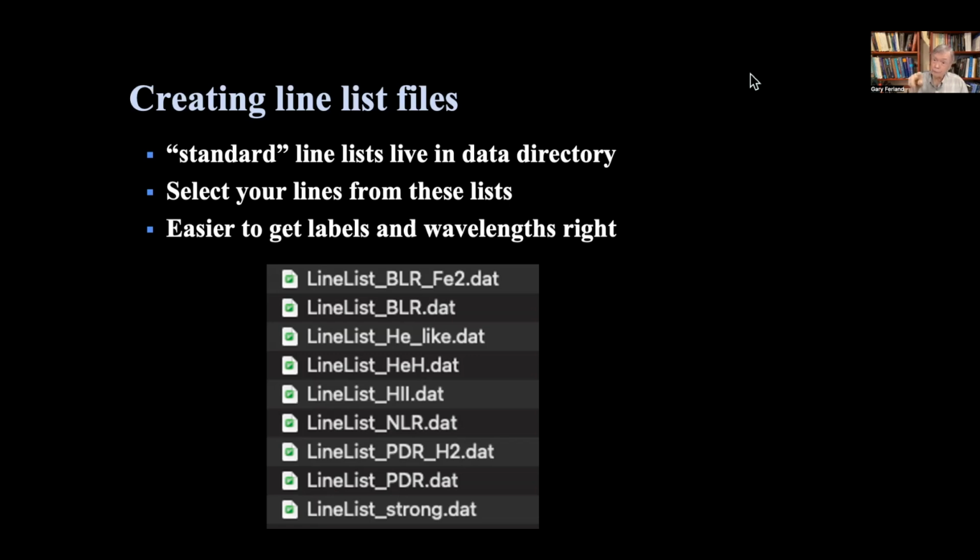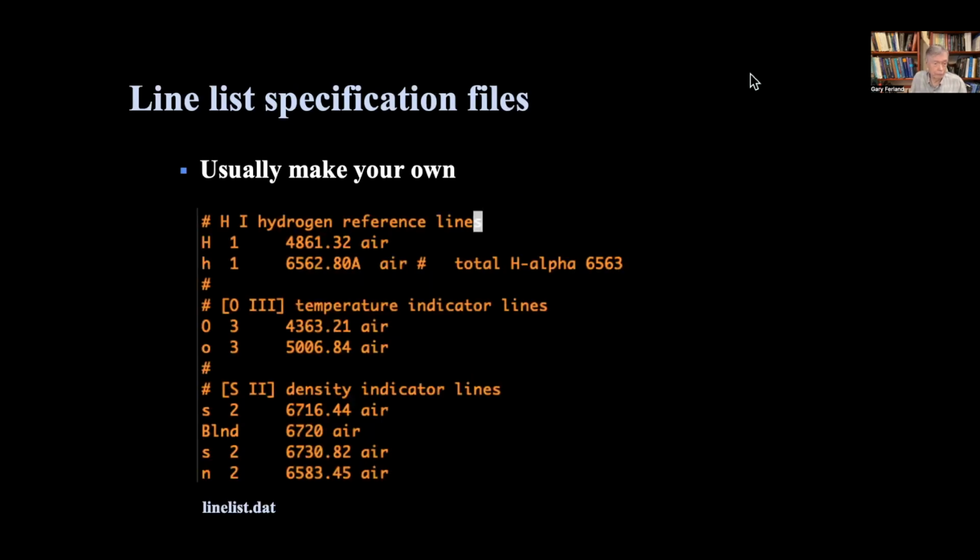There's a comment at the end of the line. You can make sure you've got the right line, and you copy paste the emission lines into the file that you're actually going to use, the data file that specifies your lines. This is an example of a data file. It's in the share for these YouTube videos under this lecture number. It's called linelist.dat.